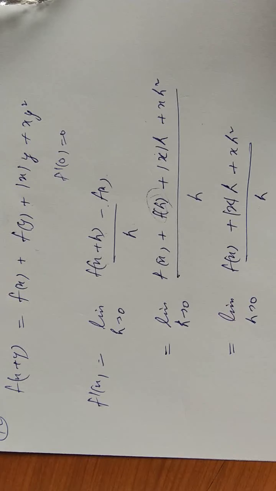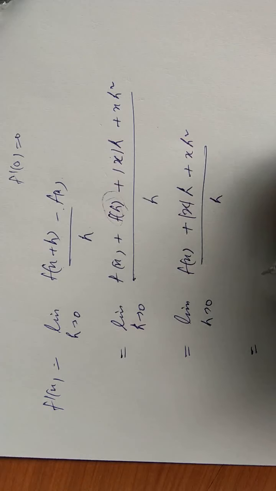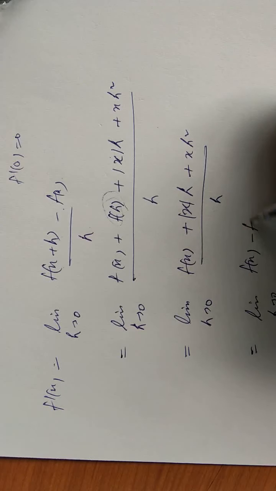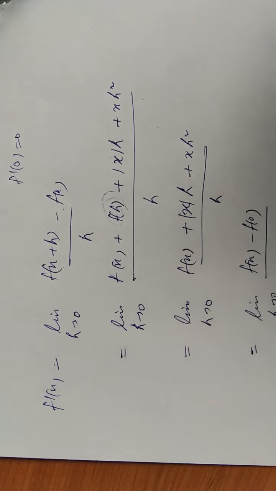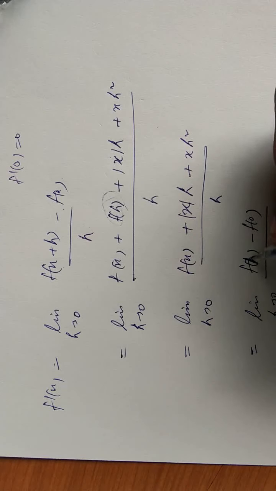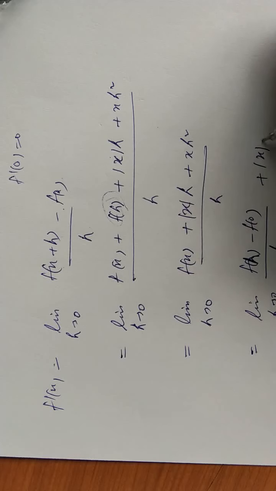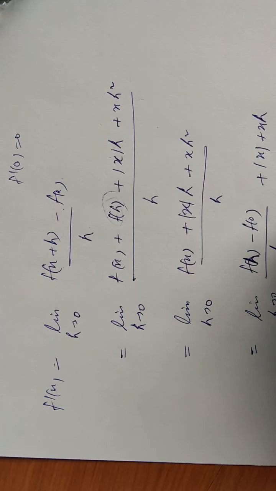Okay, so simplifying this, we get limit h tends to 0 of (f(h) minus f(0)) upon h plus mod x plus h x, and when h tends to 0, this is f dash 0 plus mod x.